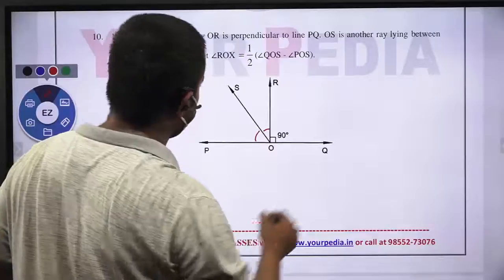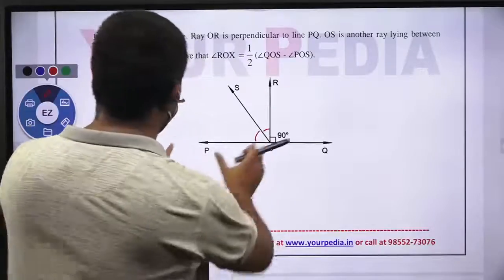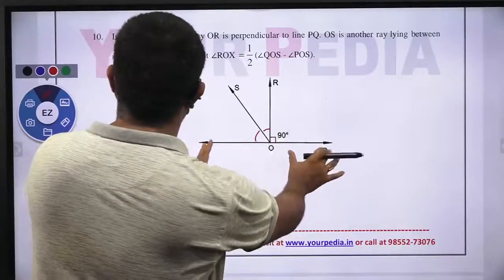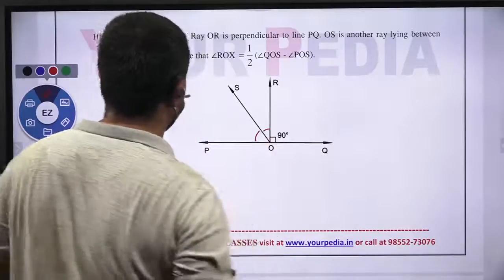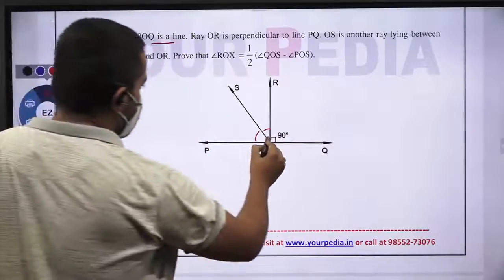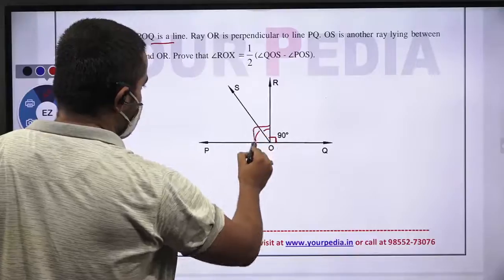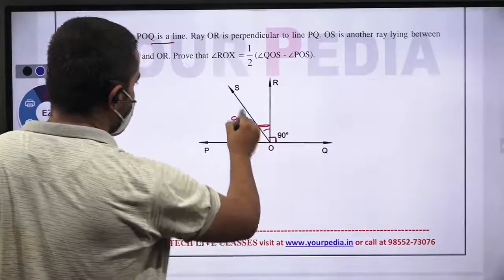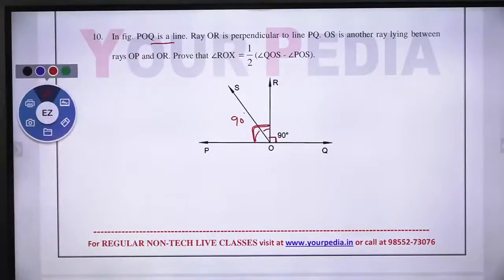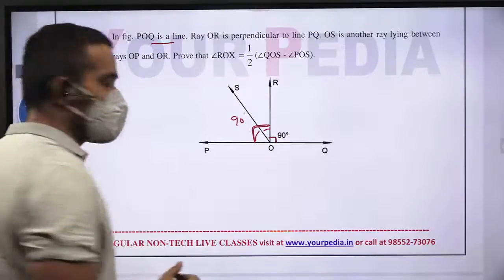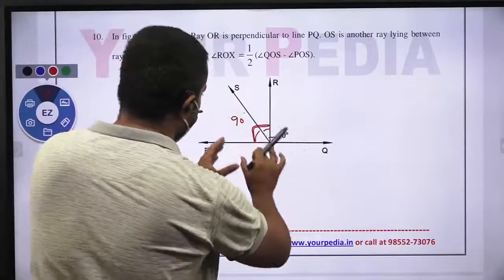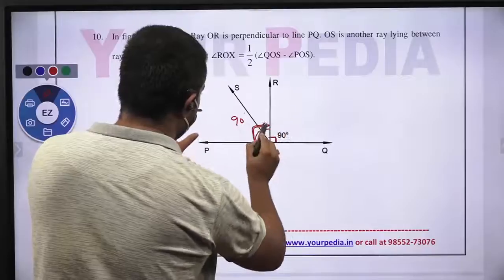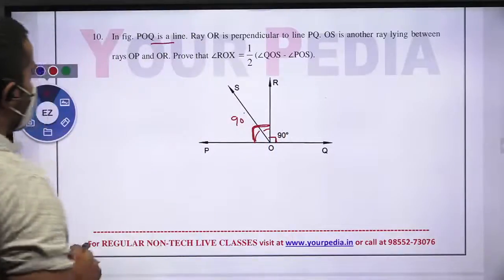OS is another ray lying between OP and OR. If this is 90, of course this sum will become 90, from linear pair. Yes or no, students? If this is 90, and this is on line POQ, this will become 90. So that's clear to us.